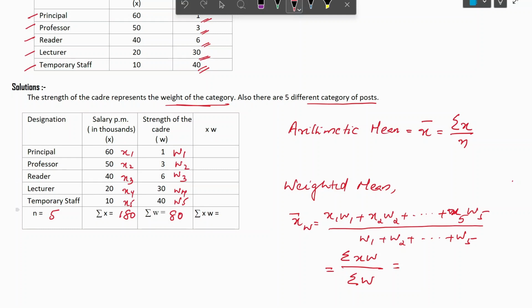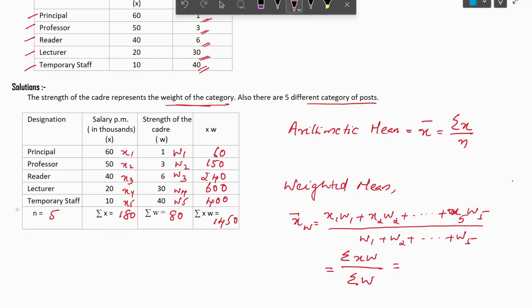And here XW. Multiply 60 into 1, that is 60. 50 into 3, that is 150. 40 into 6, that is 240. 20 into 30, that is 600. 10 into 40, that is 400. And calculate the total, that is 1450.